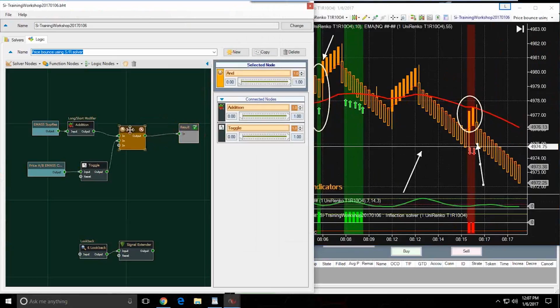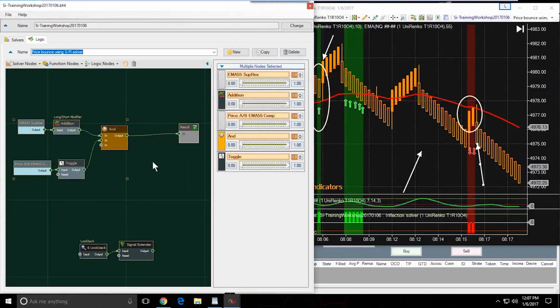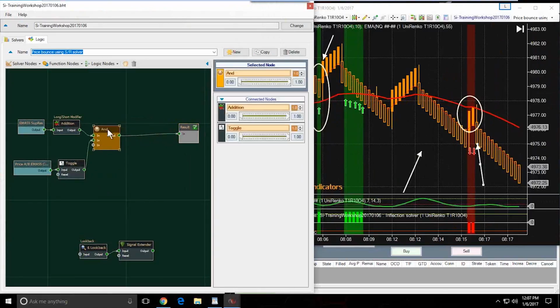All right, so this AND node is kind of giving us the setup. Right, so this AND node is kind of the setup here.